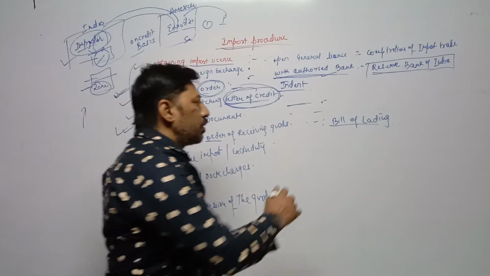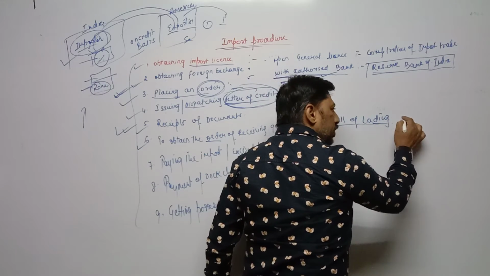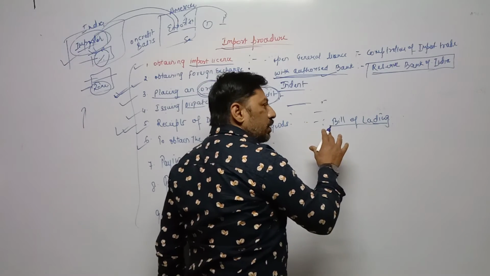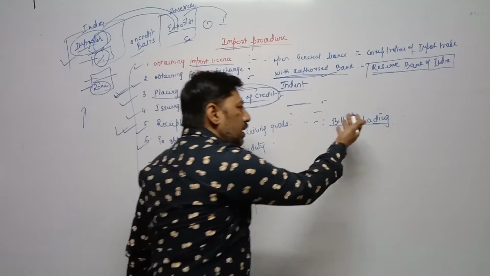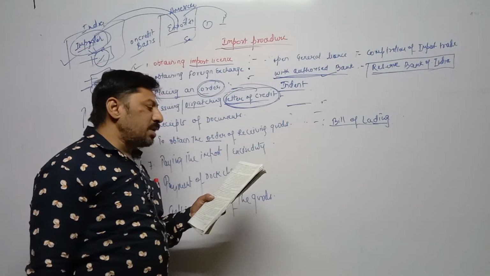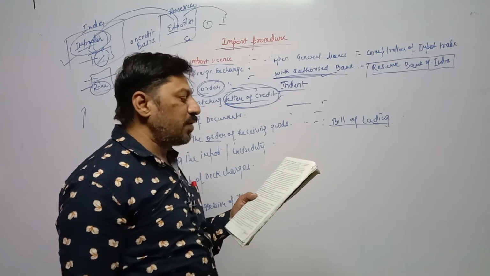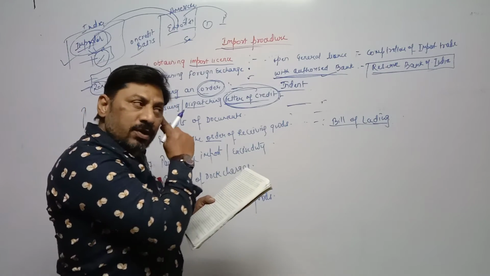That letter is called bill of lading. Once again, the bill of lading is issued by the exporter to the importer, which shows that the ownership of goods belongs to the importer, meaning these goods belong to this particular importer. The exporter makes an endorsement on this document for the transfer of ownership of goods in favor of the importer, and this document is issued by the exporter to the importer.